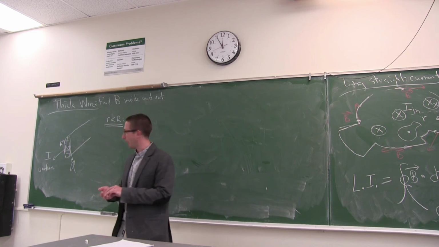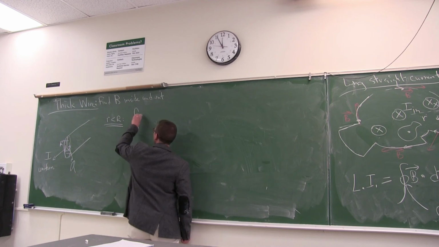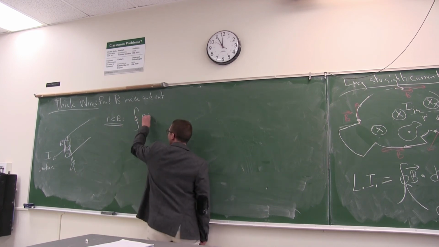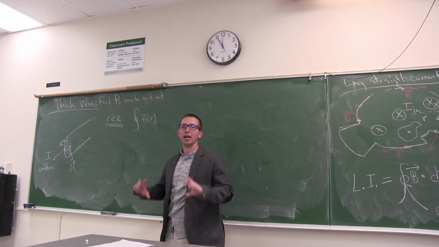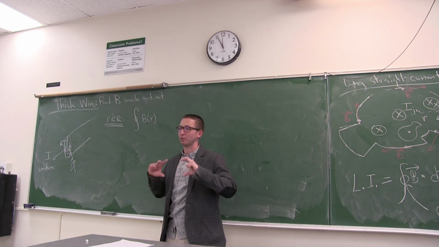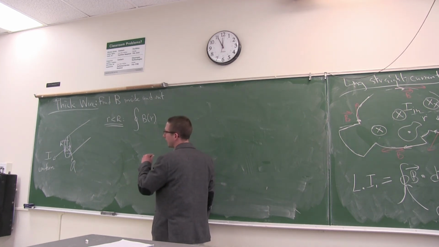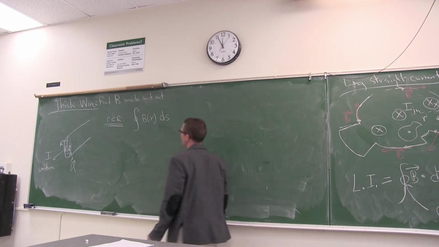It's only a function of r. So writing out Ampere's law, we would write the line integral of B, and B only can depend on how far you are away. It can't depend on any of the angular coordinates because of this rotation symmetry. And it's always parallel to the line element for the circle, so I'm multiplying that by ds.